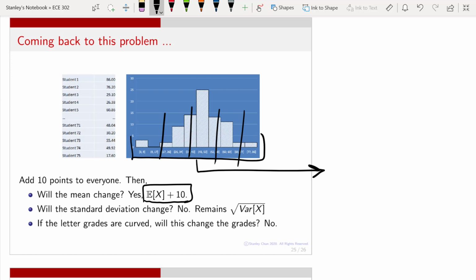Okay, and therefore, I hope with all this discussion here, you have learned the meaning of expectation. You have also learned the difference between expectation and the sample average. Expectation is calculated from the probability mass function.